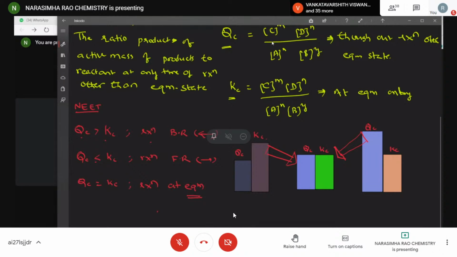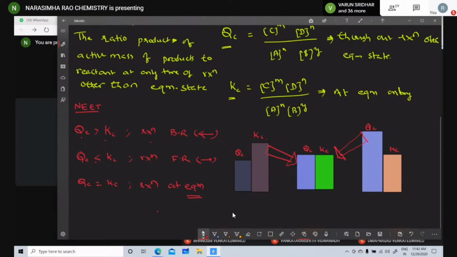So children, this is a Qc value. Qc means reaction quotient. The reaction quotient is the ratio of the product of active masses of products to reactants, at any time of the reaction other than the equilibrium state.